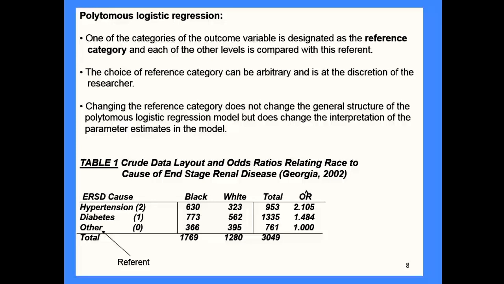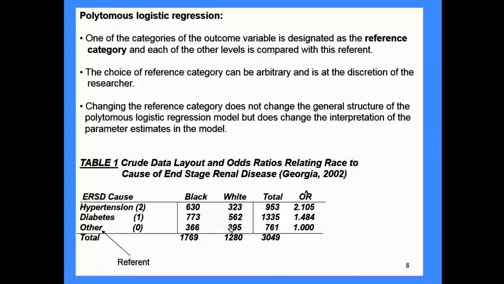Okay, so what does this say? Without doing any statistical tests, it looks like there's a moderate effect of race on hypertension versus other, and not quite as strong, but not 1, a less than moderate effect of race on the outcome diabetes compared to other.